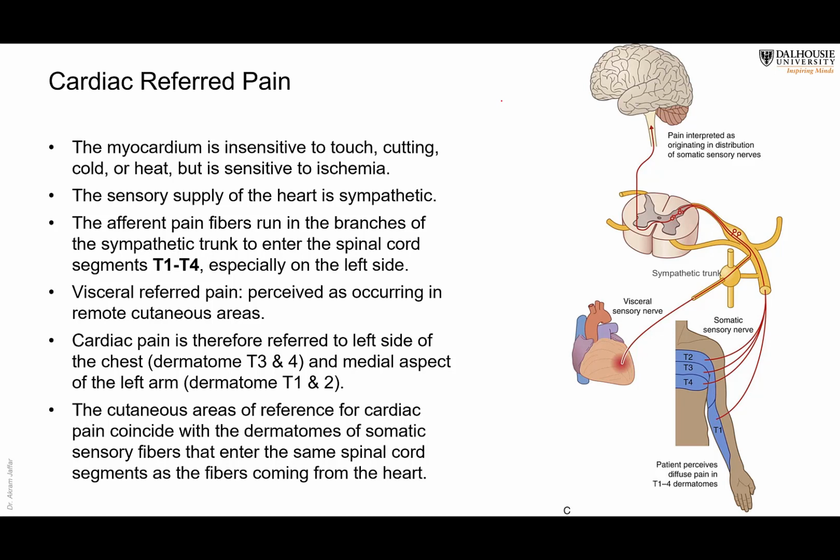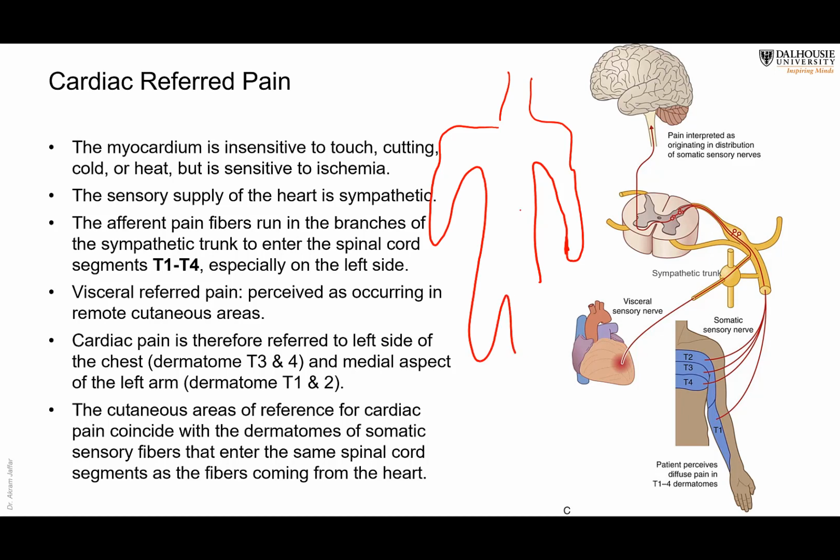Now, remember this was the trunk here, upper limb and then lower limb, and remember these dermatomes, the areas on the trunk, the map. So these are the dermatomes, areas of skin supplied by somatic nerves.